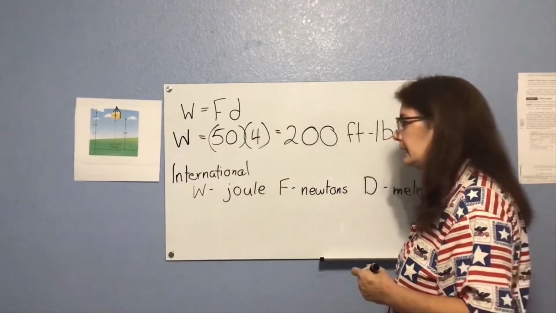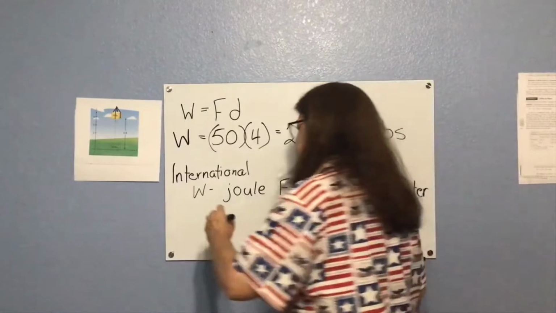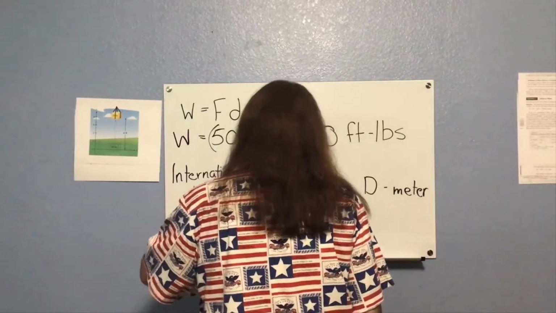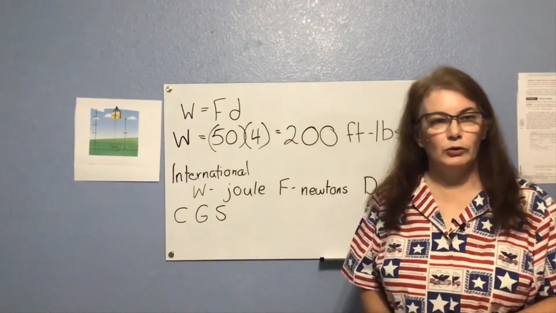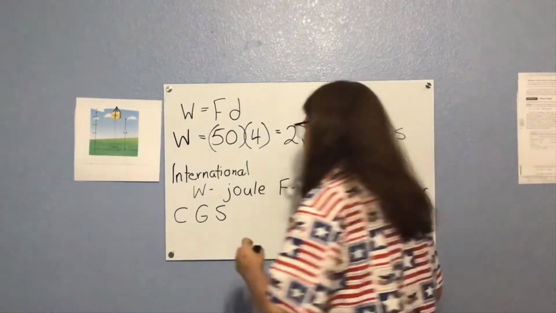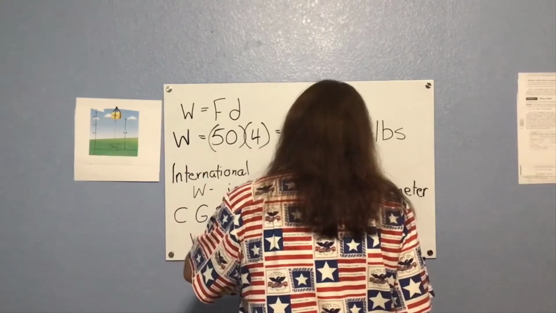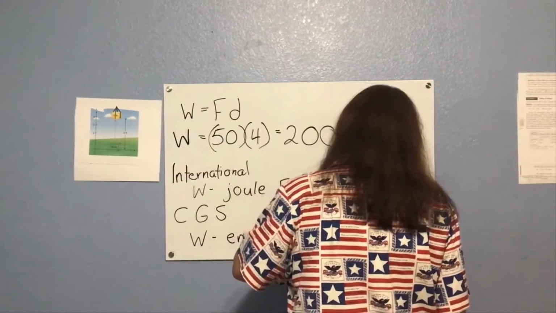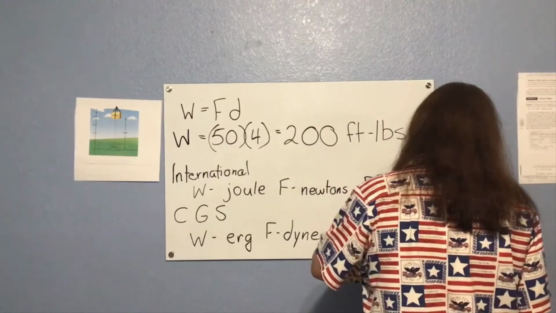Another system that's related to that, a little more useful if we're using smaller quantities, is the CGS system. CGS stands for centimeter, gram, second. The unit for work is the erg, the unit of force is the dyne, and the unit of distance is, of course, the centimeter.